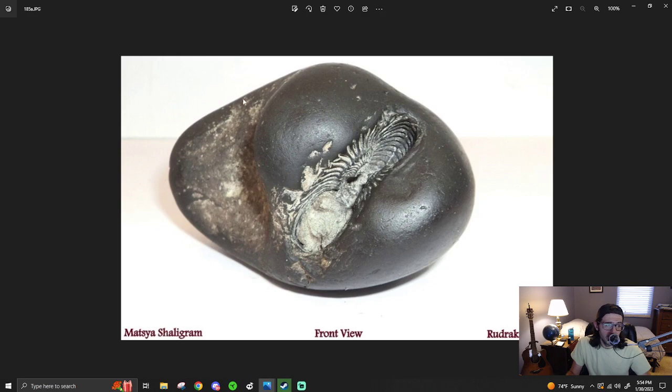This one I found really interesting because of the shape it takes. It's too regular. Shallograms are too regular in shape to not be fully shaped by the same process that made the regular shape of the shallogram in the first place.